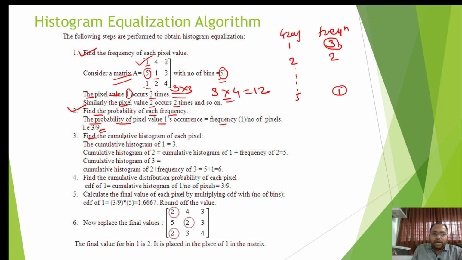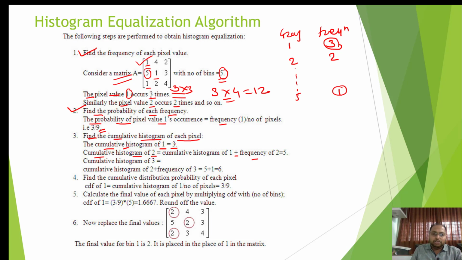Then we are going to find the cumulative histogram of each pixel, as we talked about with your CGPA and things like that. The cumulative histogram of 1 is the occurrence of 1, which is 3. The cumulative histogram of 2 consists of the cumulative histogram of 1 plus the frequency of occurrence of 2.